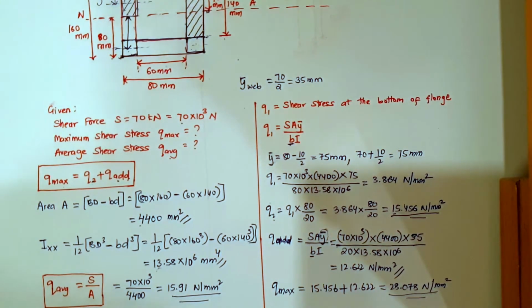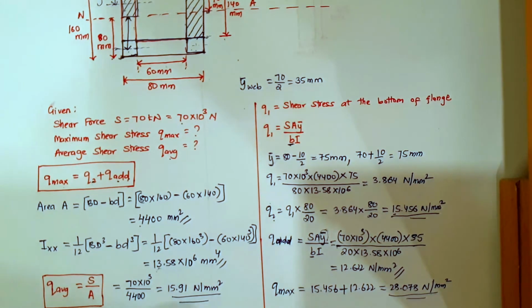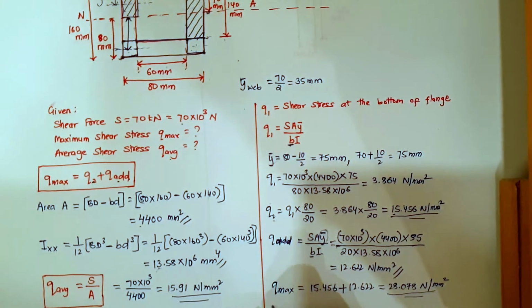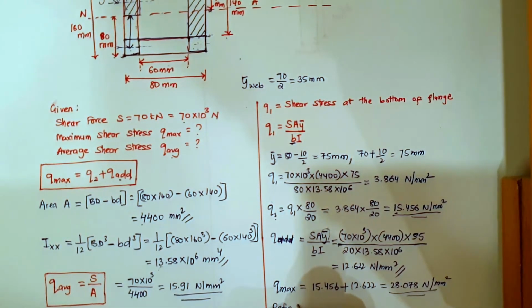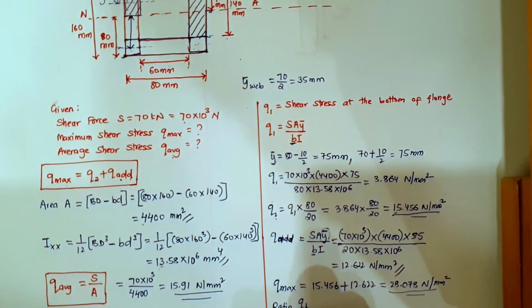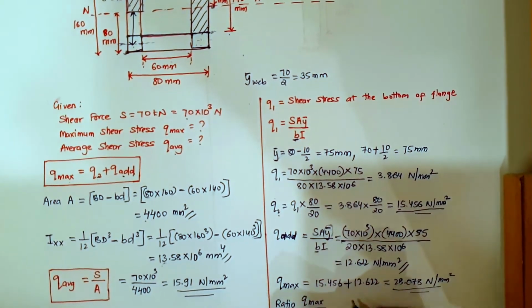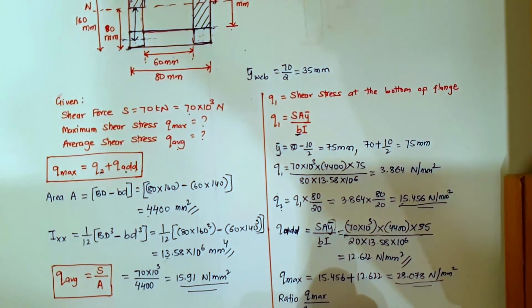Okay, now if you are asked to find the ratio, you will find the ratio as Q max divided by Q average.